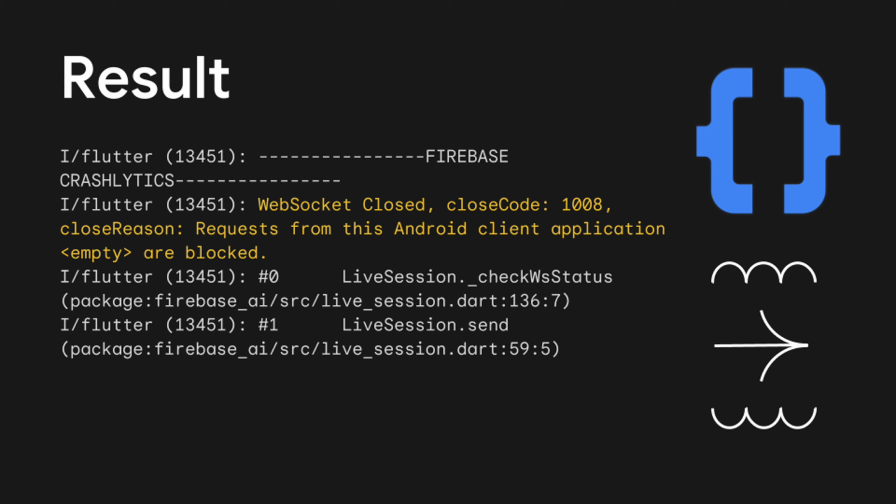Exactly. The message was WebSocket closed, close code 1008, close reason: Requests from this Android client application, empty, are blocked. Empty are blocked. That sounds like maybe an authentication or configuration issue, like the client wasn't identified correctly. That's what it suggests. Maybe an issue with the app identifier or perhaps some back-end policy preventing the connection.